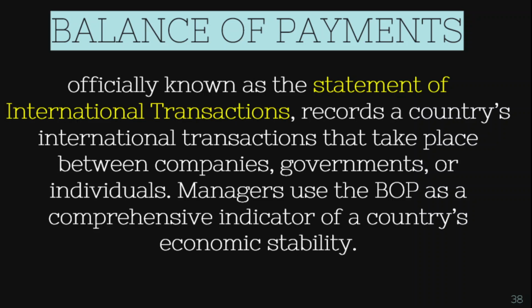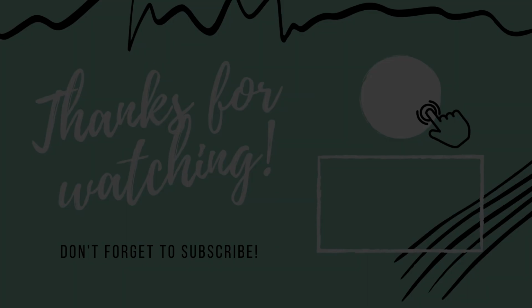So, kapag unequal ang import sa export ng isang bansa, ang kinukuha nila na products kesa sa inilalabas nilang products, pwedeng merong economic instability sa bansa na iyon. Kaya BOP or balance of payments is really one of the key indicator ng economic stability ng isang bansa.